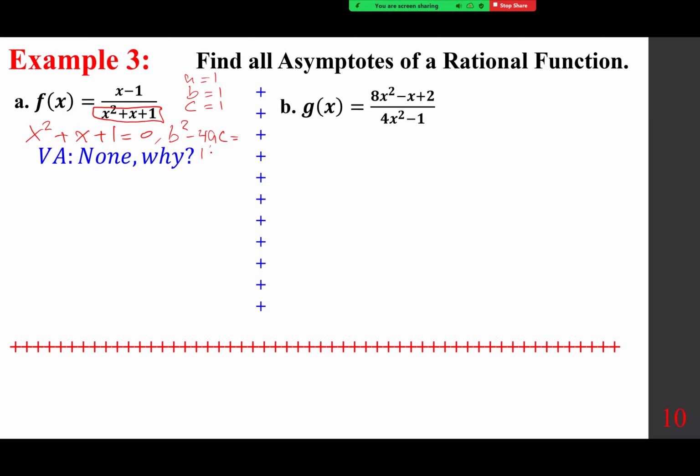So 1 squared minus 4 times 1 times 1 equals negative 3. When b squared minus 4ac is negative, there are no real solutions. Okay, everybody? We don't have a real solution. It's that simple. And therefore, there is no vertical asymptote.